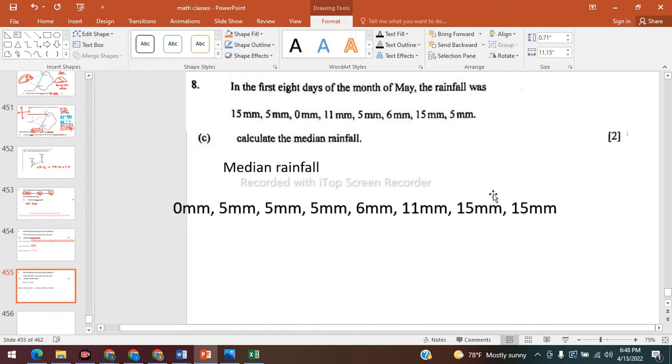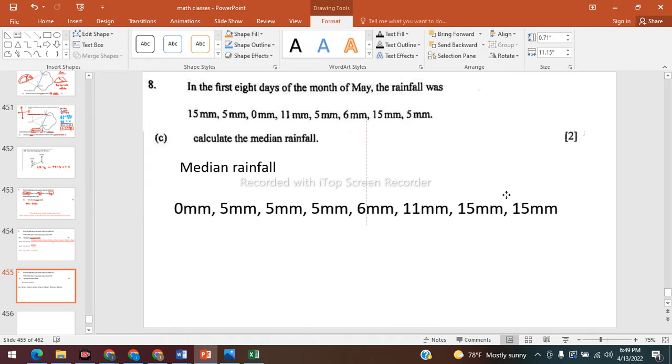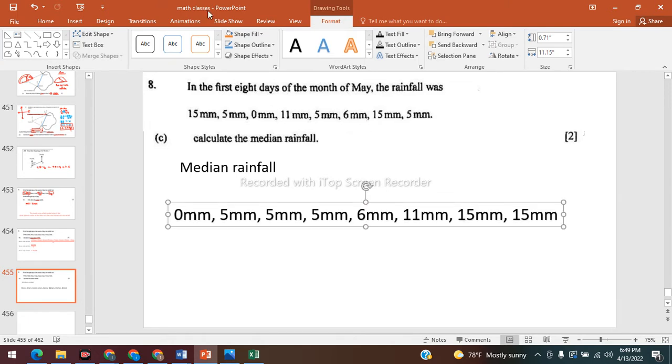That's eight numbers. But we have two middle numbers. What do we do if we have two middle numbers? You add them and divide by 2.